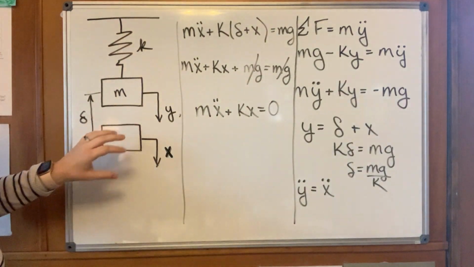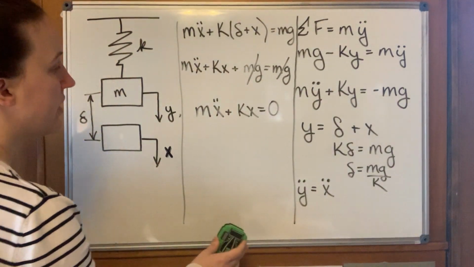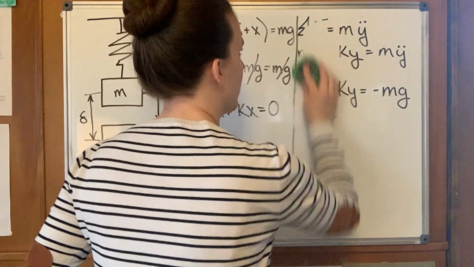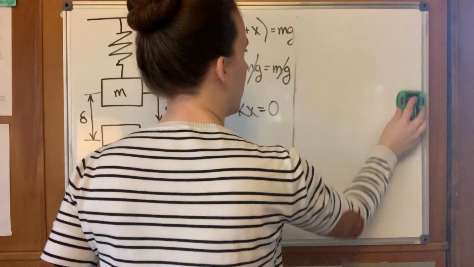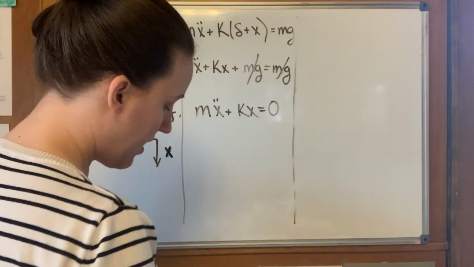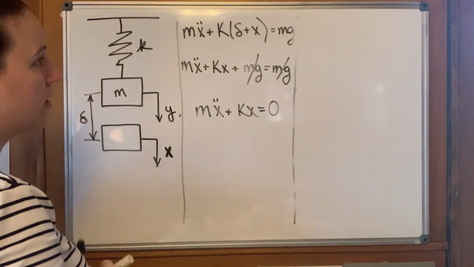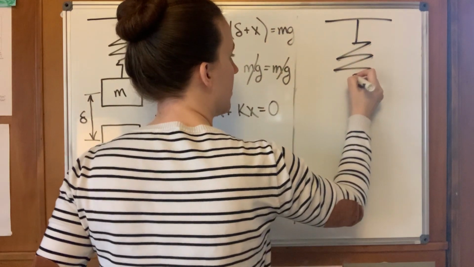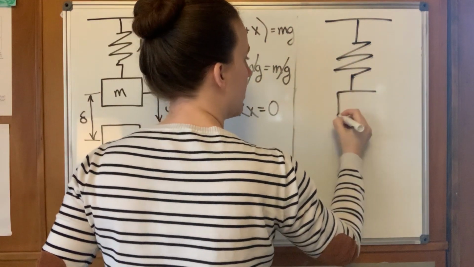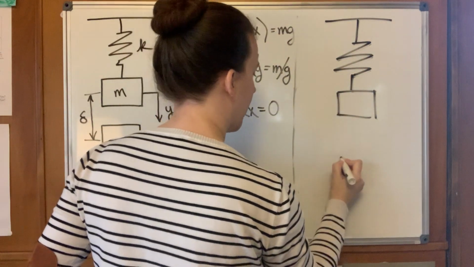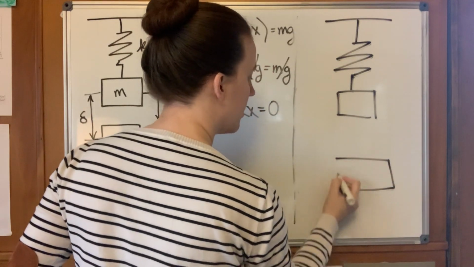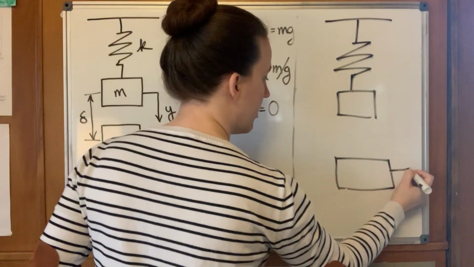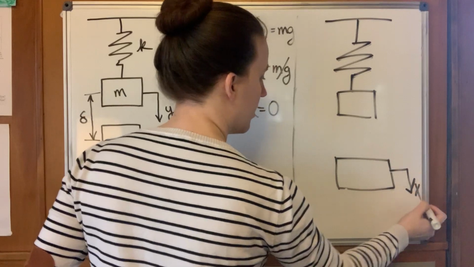So when you see this spring problem again, and you're going to draw the free body diagram in vibrations, you're going to draw it from x.